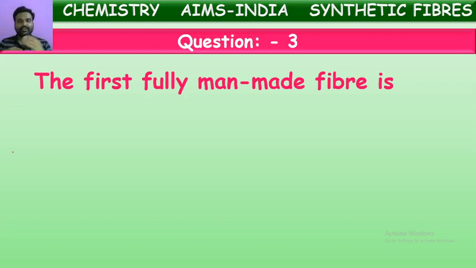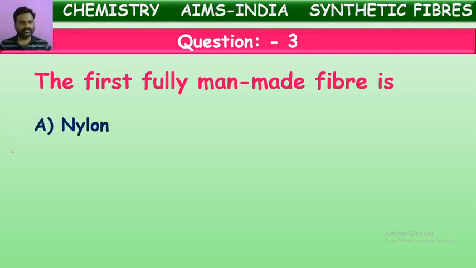By regenerating this wood pulp, they have prepared rayon. But though it was prepared earlier, it is prepared from natural sources like wood pulp. So it is not. But they are asking here which is fully prepared or fully man-made, or the fiber which is prepared fully from chemicals in the laboratory. What was that?